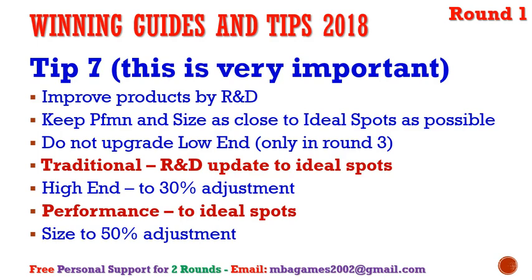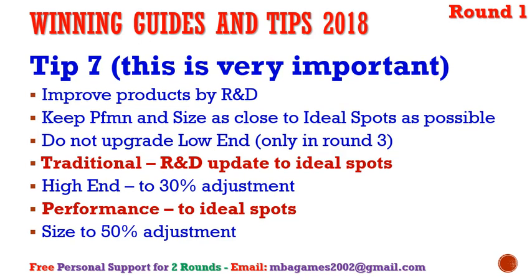If we cannot, because that takes longer and costs more, you can update about 30%. And performance, we can update easily to the ideal spot. For size, we update as close to the ideal spot as possible. Rounds 1, 2, 3 take longer to update, but from round 4, 5 to the end of the game, it is quite easy to update the product. So keep track of all these steps. This is very important again. R&D is the most important decision to win this game.